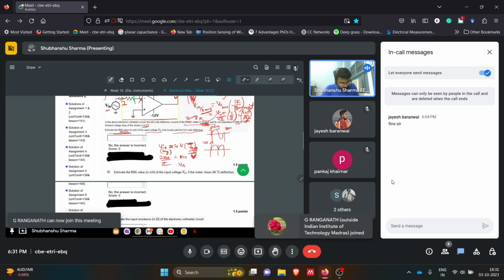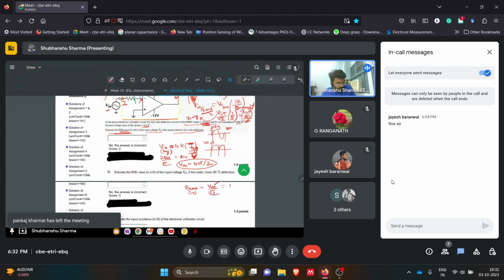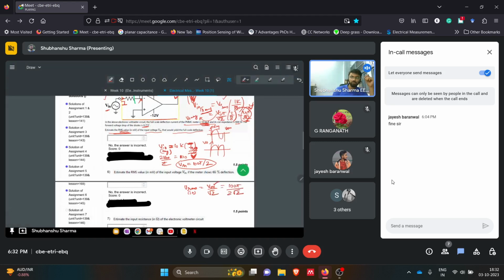Vm we can calculate from here: 100 pi by 2. Now since we got the peak value of our input voltage, it's easy to calculate the RMS value. What is RMS of input? It will be Vm by root 2. Since we know Vm, we can calculate this easily: that is 100 pi by 2 root 2.